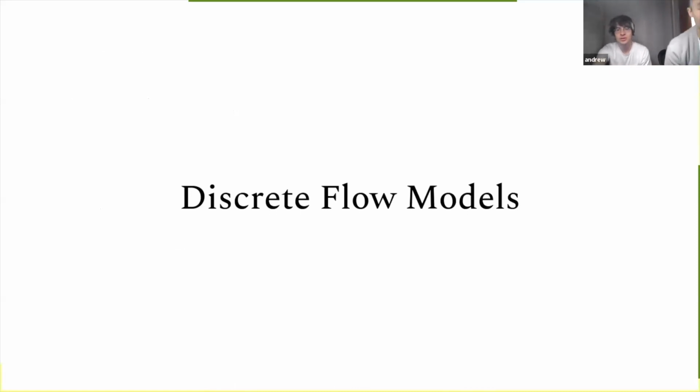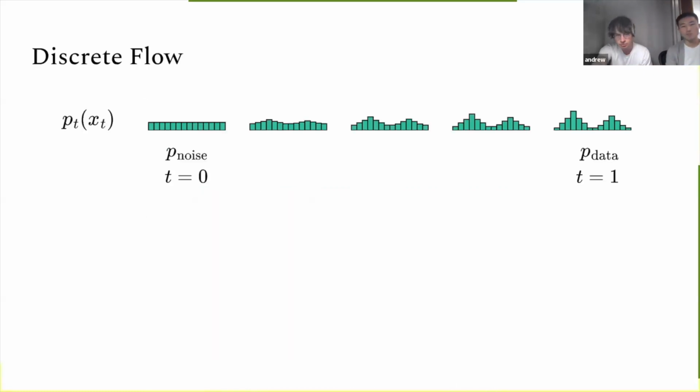Yeah, so I'll be going over how we defined our flow model to do generative modeling on discrete state space. At a high level, what we're aiming for is some kind of process that, in the same way as diffusion, starts at a noise distribution and then gradually morphs that into a data distribution. So at time 0, our marginal distribution over our state xt should be purely noise, and at time 1 it should be distributed according to the data distribution.